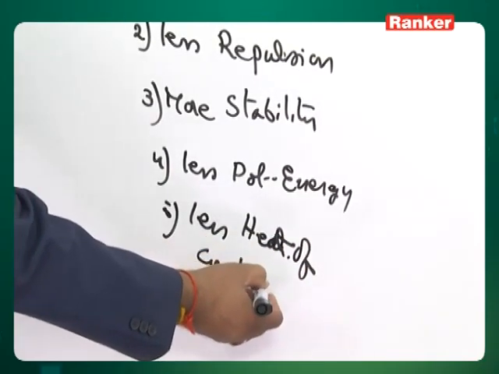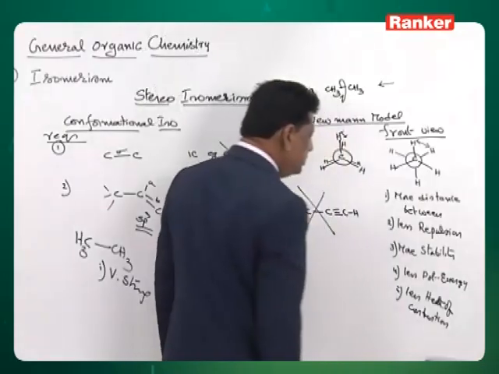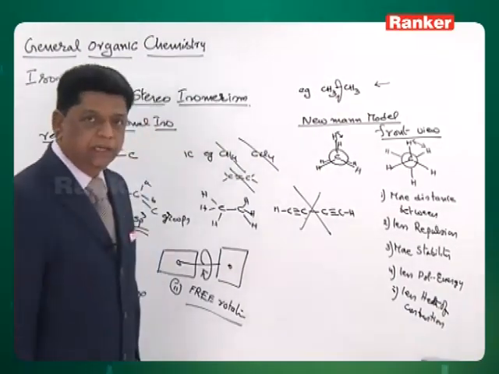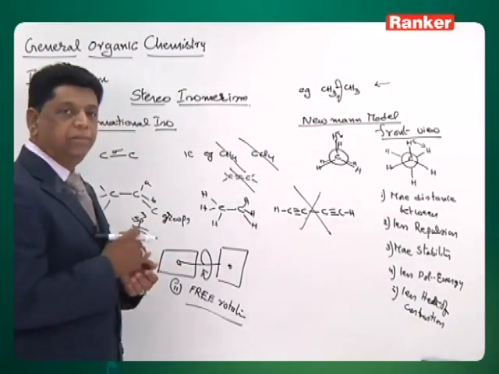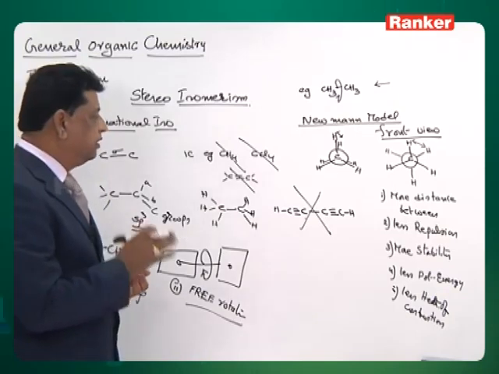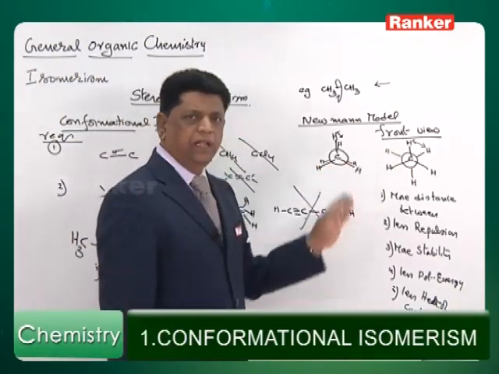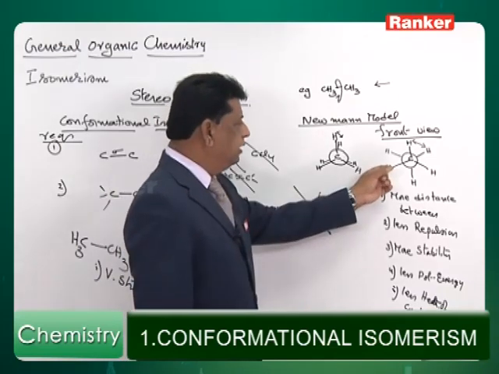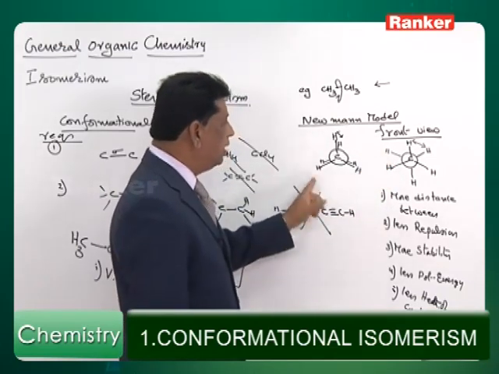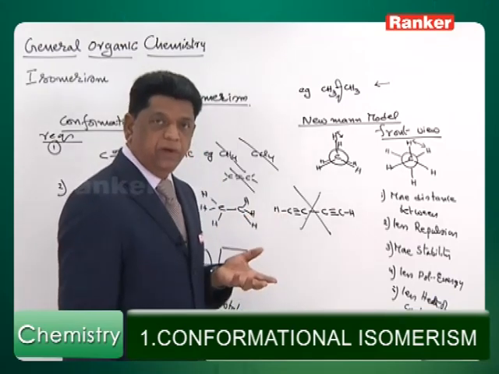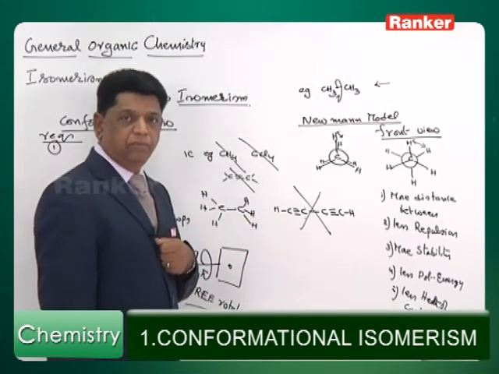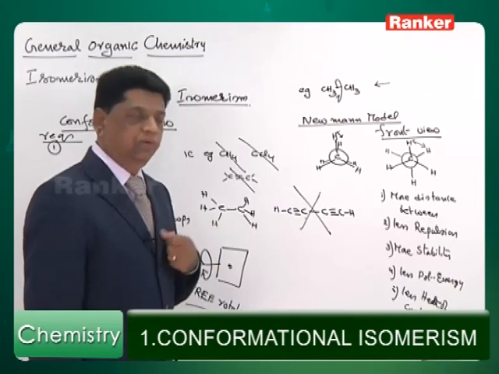Combustion means what? When the molecule breaks into carbon dioxide and water, the energy liberated per mole is called heat of combustion. Both give carbon dioxide and H2O in the same moles, but a small quantity of heat will be less liberated or more liberated. That is enough to identify them as different compounds, or to call them isomers.